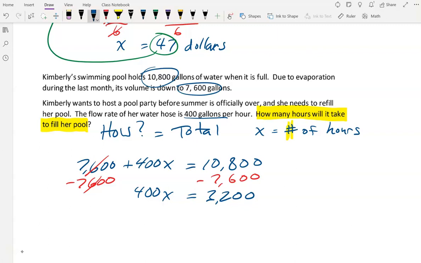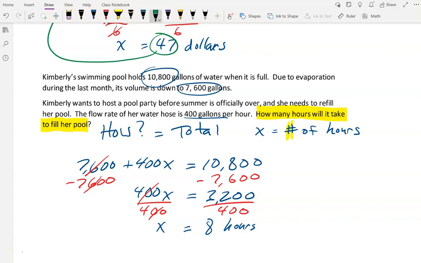All right, now at 400 gallons per hour, if we divide that by 400 and we divide this side by 400, then that cancels that out, and x is equal to 8. 8 being the number of hours it will take to fill the pool back up to its full volume.